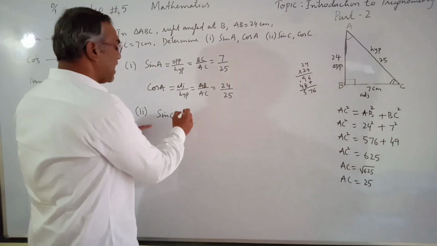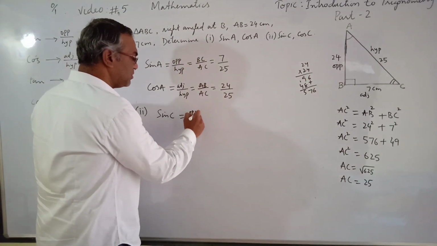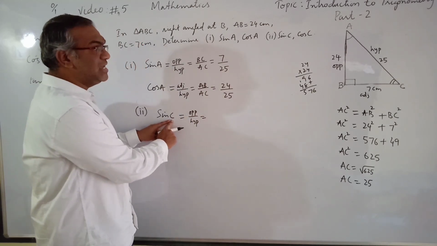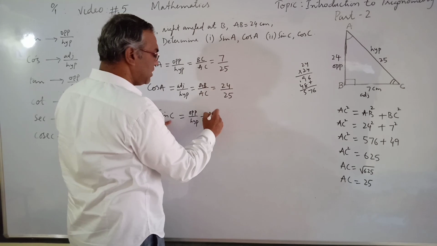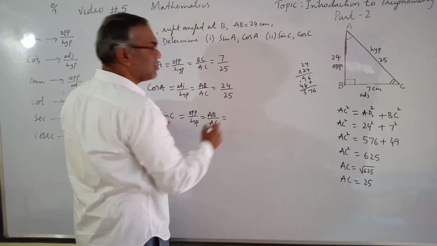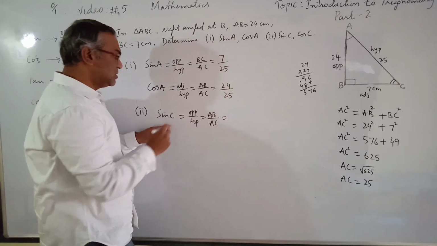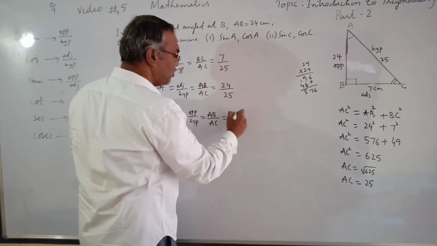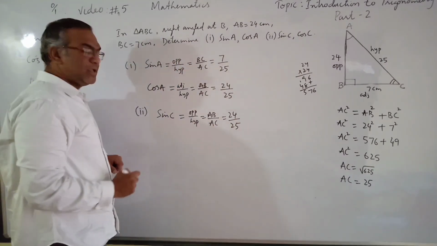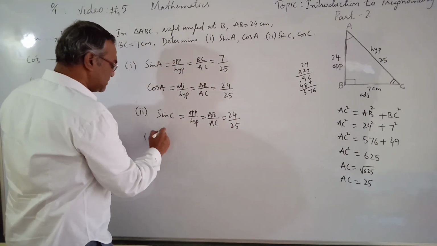Sine C: we all know the definition is opposite divided by hypotenuse, but this time because of angle C, opposite is AB, and hypotenuse is fixed, AC, which is always opposite to 90 degree, right? So AB is 24 divided by hypotenuse 25.